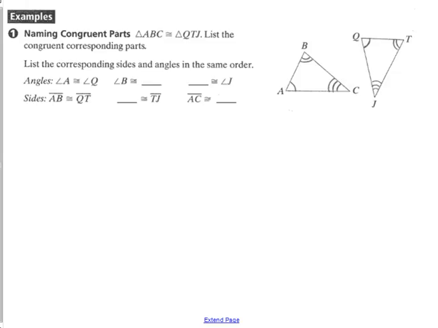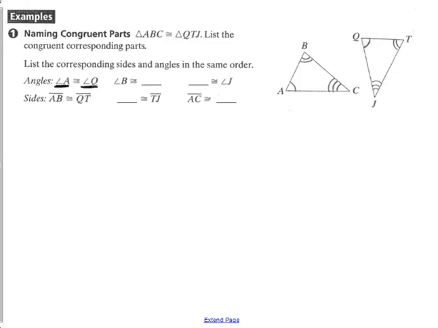Okay, next, we're going to be naming congruent parts. But when you have angles, make sure that you use three letters on the, oh, we're not doing angles yet. I'm sorry, that's the next one. Okay, so we're labeling these angles congruent. So if angle A is congruent to angle Q, let's do it in red.